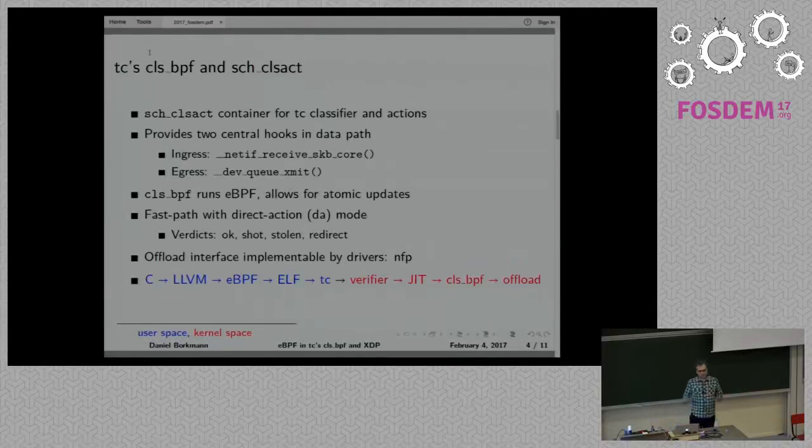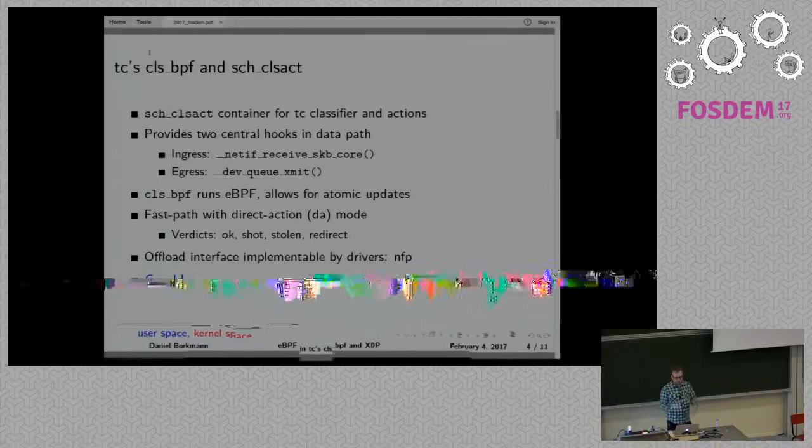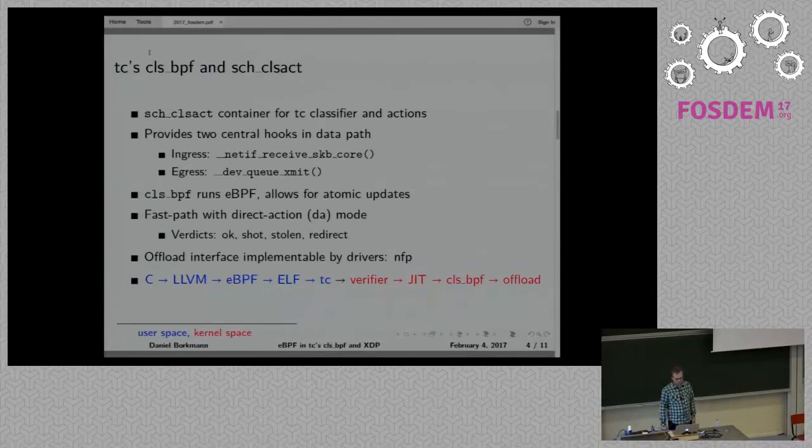And eBPF can do everything contained in itself anyway, so therefore cls_bpf has a so-called direct action mode, where eBPF can classify, perform various actions on the SKB, the socket buffer that is the input, and then just return a verdict and be done with it. So it doesn't call into a chain of actions or whatever. Everything is done in the eBPF program itself. And there's also an offload interface available.